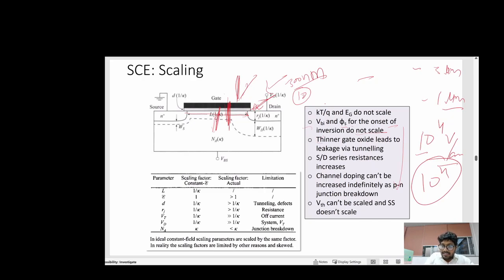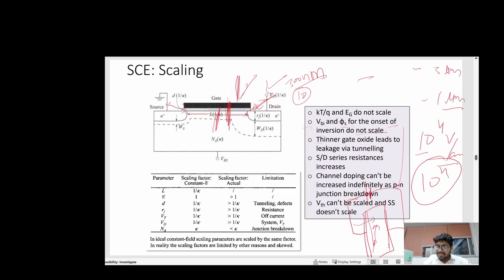Let us say there is a capacitor. Initially there was air in between these two plates. You have applied some voltage and it can store the charge, right? Now you have inserted some dielectric in between these two, the same dielectric as here.